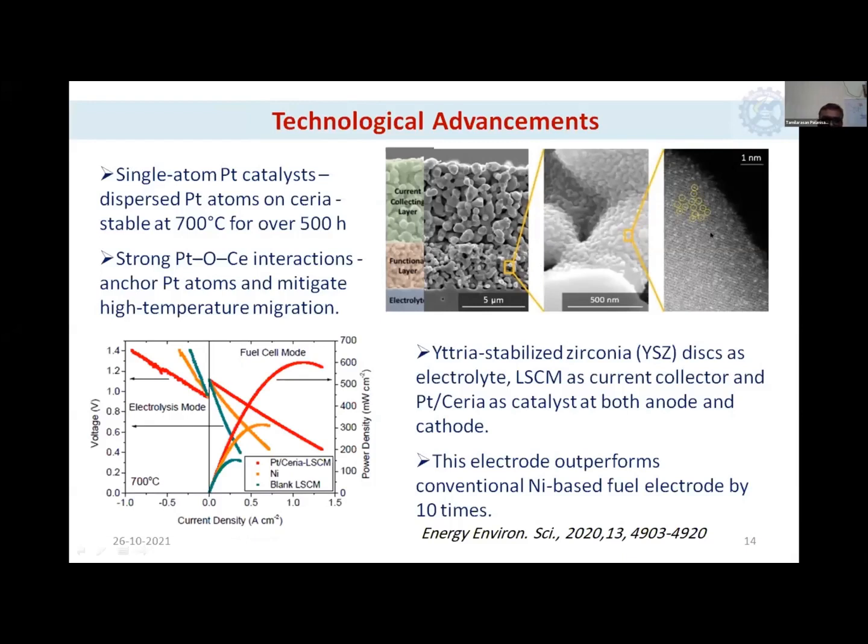Okay, so effectively they have achieved a single atom platinum catalyst, and using this they have obtained a power density as high as 600 milliwatt per centimeter square, and this is almost 10 times higher than the conventional nickel based catalysts.